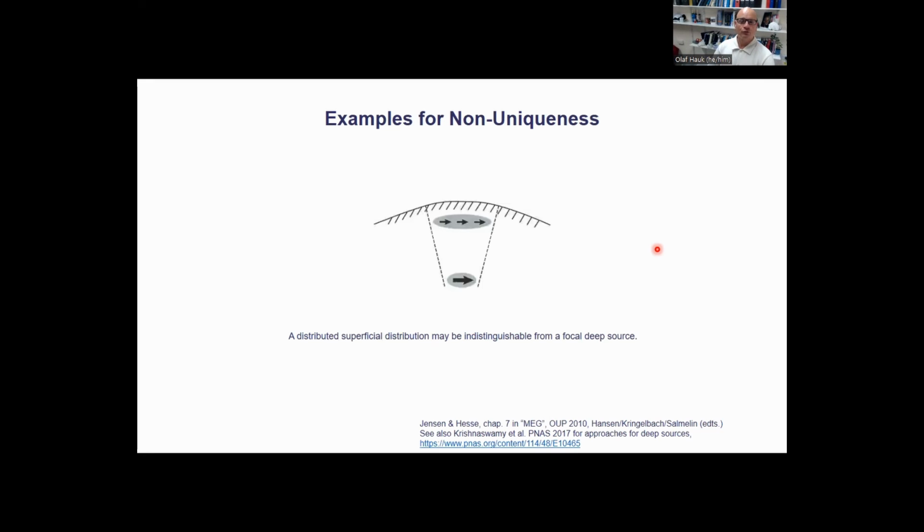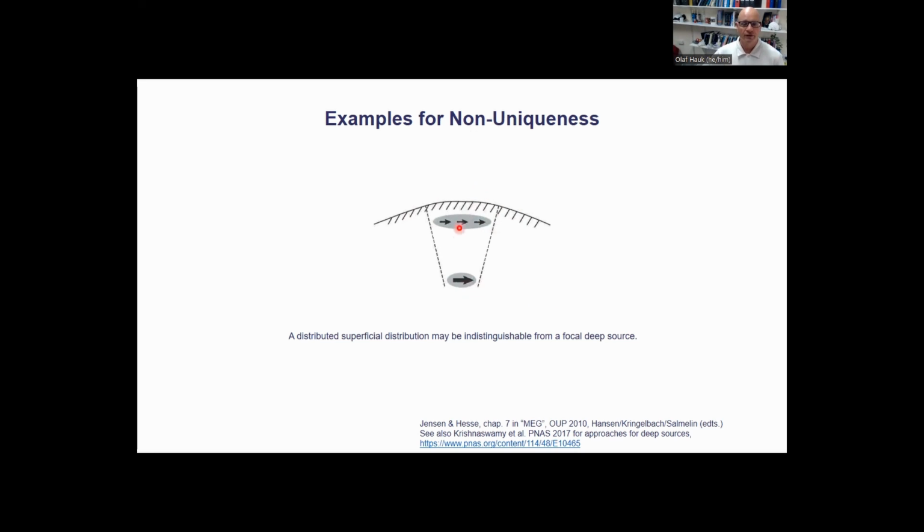Now we can go through a few examples of non-uniqueness that other people have described. One of the big questions is, how deep can you go with EEG and MEG? Can you actually non-ambiguously distinguish superficial sources close to the sensors from sources in the depth of the cortex or even subcortical sources?